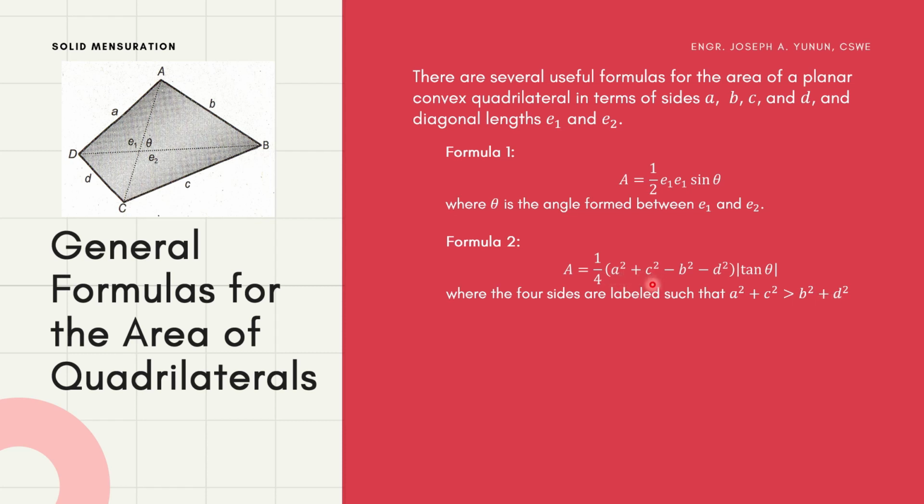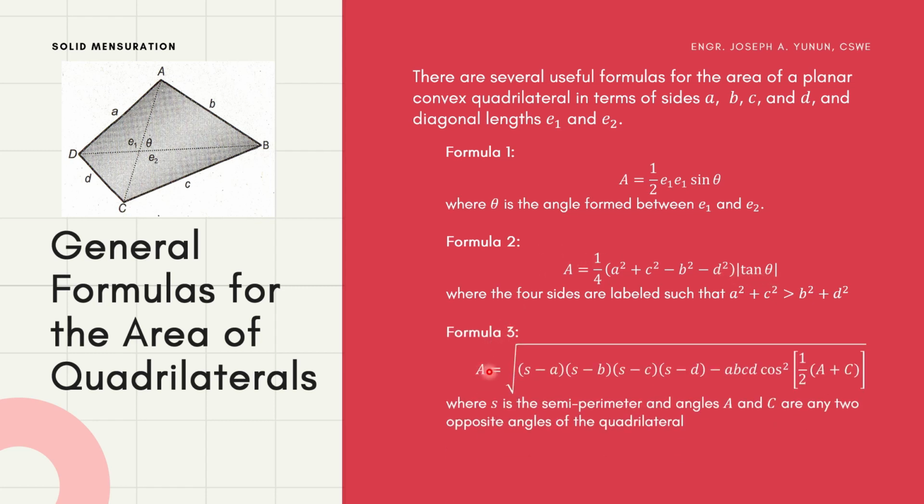Okay, you have this formula 1/4, right? And then the sum of the squares of the two opposite sides minus the sum of the squares of the other two sides, times the absolute value of the tangent of theta.